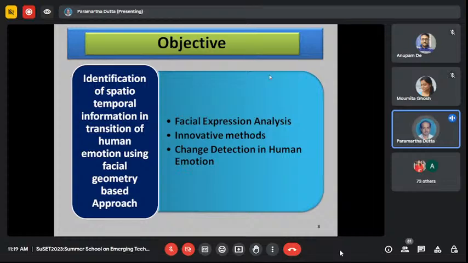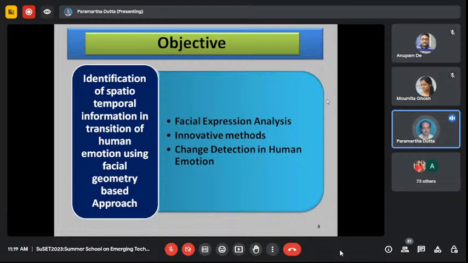In transition of human emotion using facial geometry-based approach. So basically, what we are dealing with in course of this thesis, as well as in course of our discussion today, is geometry-related aspects. In fact, the understanding of coordinate geometry will be what we require for the present, other than very basics of image processing.